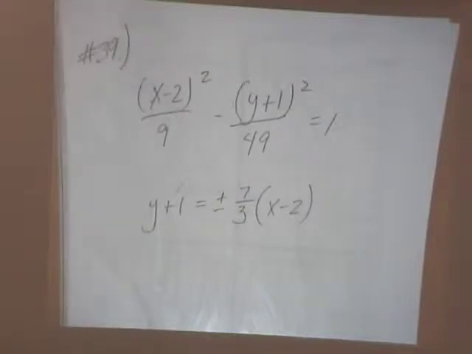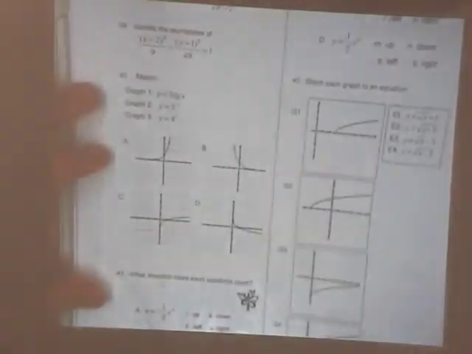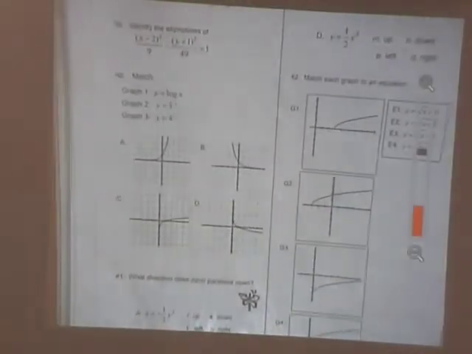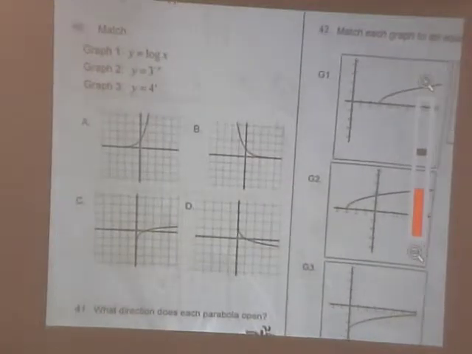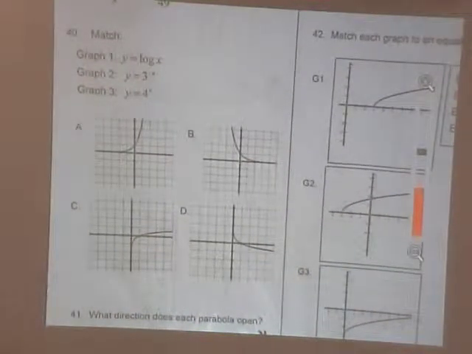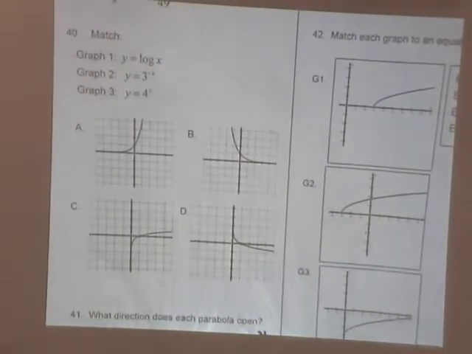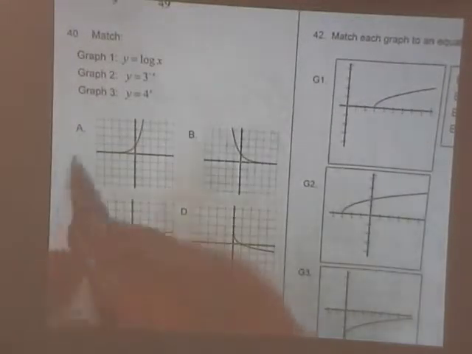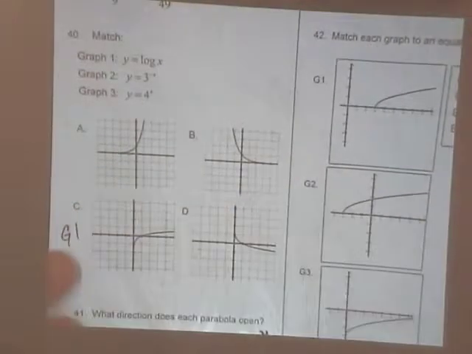All right, 40. 40 is matching. All right, which one of those is a log graph? Parent functions, right? I know I haven't told you all year to have memorized your parent functions, but you need to now. C, very good. C is graph 1.